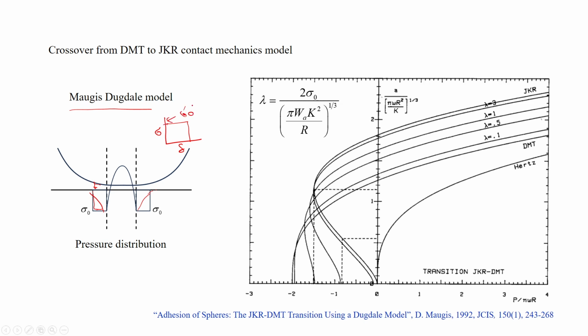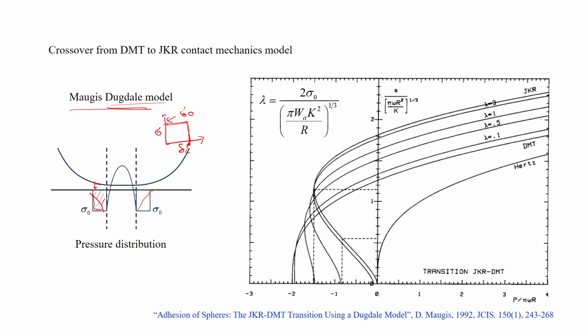If you remember, in one of the previous lectures I had discussed the Dugdale-Barenblatt model, in which this attractive force remains constant with respect to delta. So, Maugis used this Dugdale model, and he considered that the attractive force with respect to distance remains sigma 0, and when delta c is attained here, then there is separation.